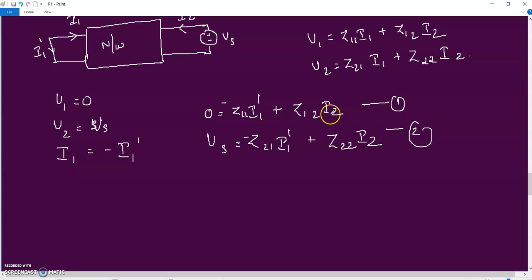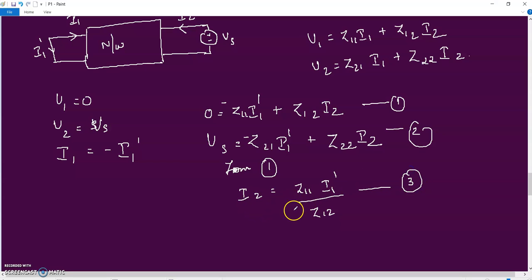So let's go for that. From the first equation, I2 is equal to Z11 I1 dash by Z12, the minus sign will go, and let it be equation number 3. So now we can put this equation in equation 2. Let us put 3 in 2.